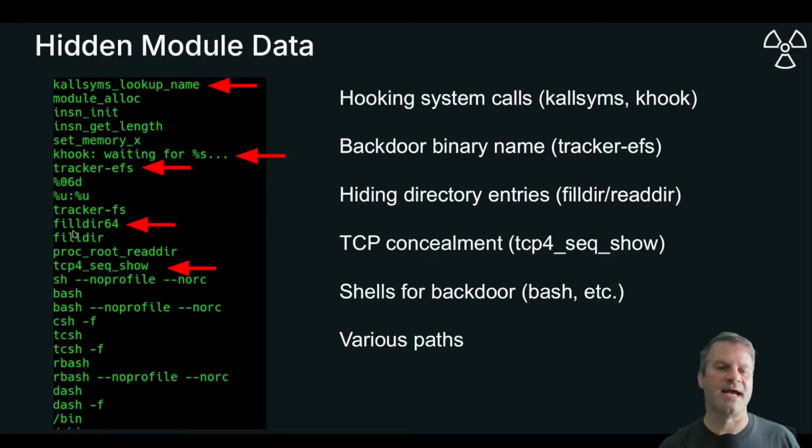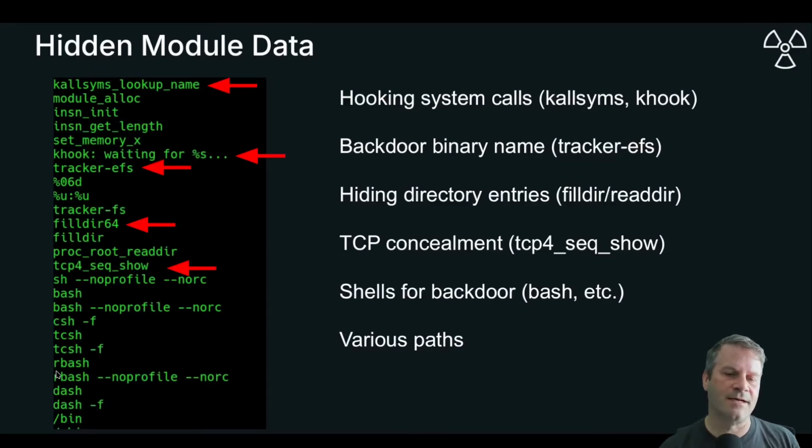These filter commands would be what it's hooking to help basically hide from directory listings. So again, very, very suspicious. Again, proc root readdir, very suspicious. tcp4 seq show tells me that this kernel module has an interest in hiding or obfuscating network traffic because it's hooking into the network operations of the kernel. So I know this is likely hiding that type of information.